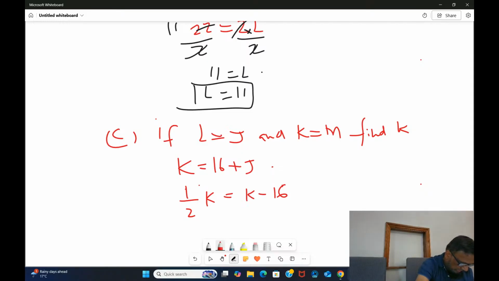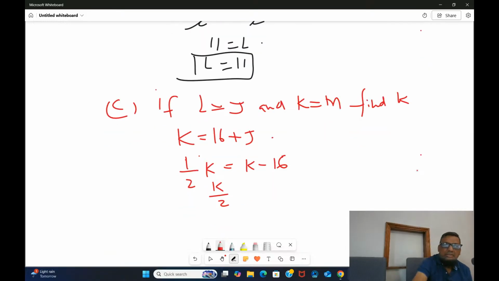And now if we work this one, so it's a half K, so K over 2, minus 1, equal to 16.